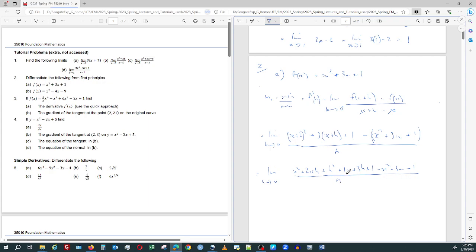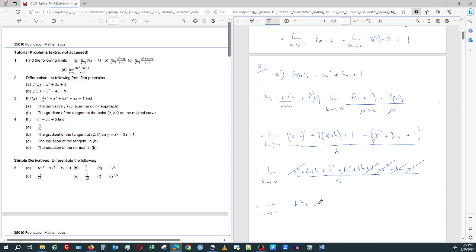So we'll just find the things that are cancelling, x squared, 3x, plus 1. So we're left with our insurance policy, 2xh. Let's just put the higher power first.